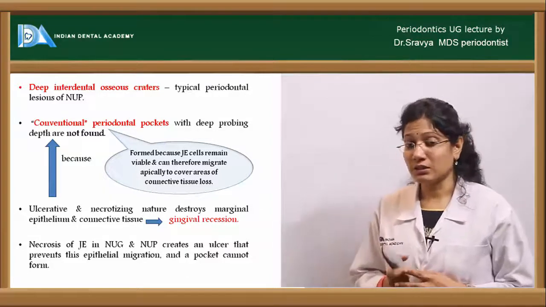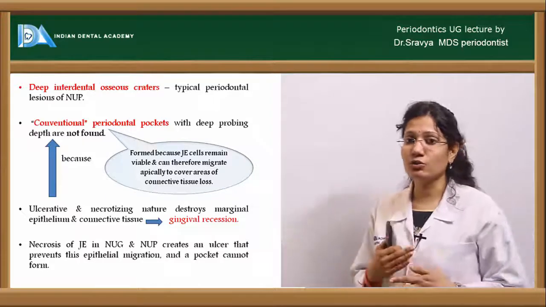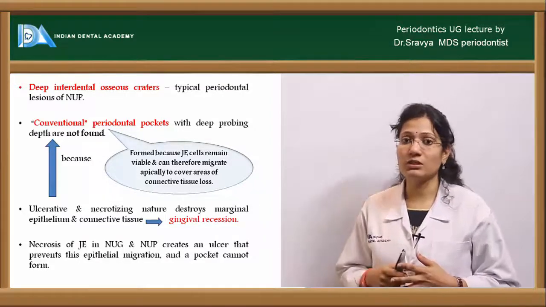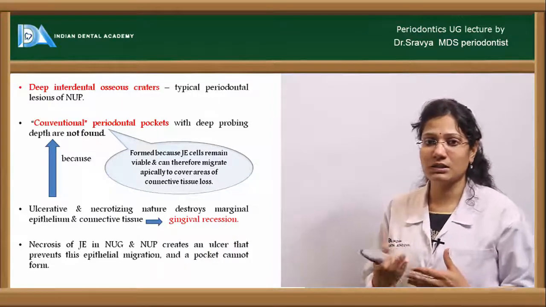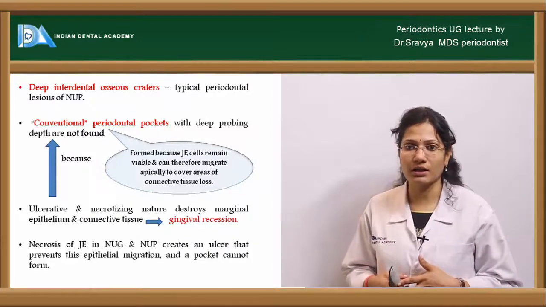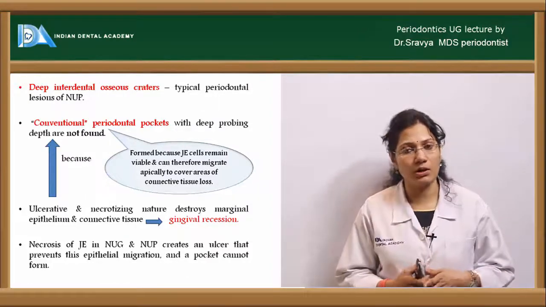In this form of disease, the important feature is that you don't find pockets, meaning you don't have any pocket depth as you see in conventional periodontal diseases like chronic or aggressive periodontitis. You have periodontal pockets there, whereas in necrotizing ulcerative periodontitis, you don't.